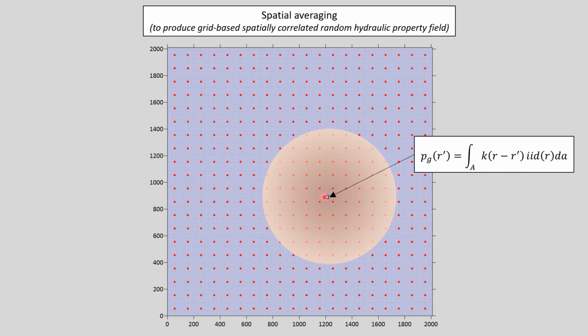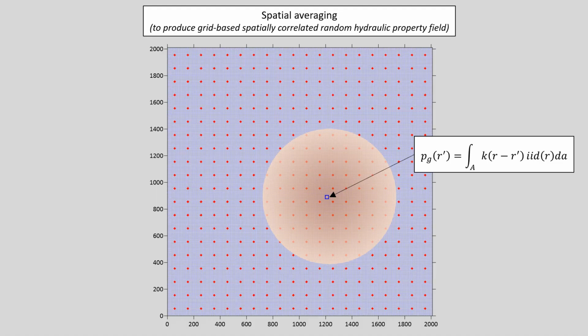The weighting function decays with distance from the point to which we're assigning a hydraulic property value. The nature of this weighting function determines the geostatistics of the hydraulic property field that we end up with. The parameters which govern the nature of this weighting function I'm referring to in this video as geostatistical hyperparameters.